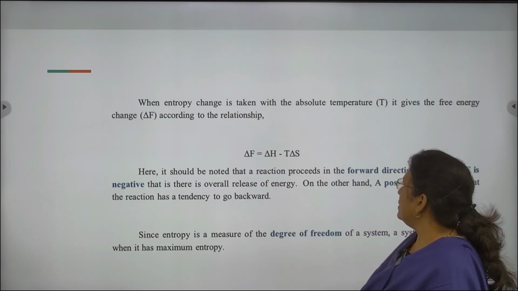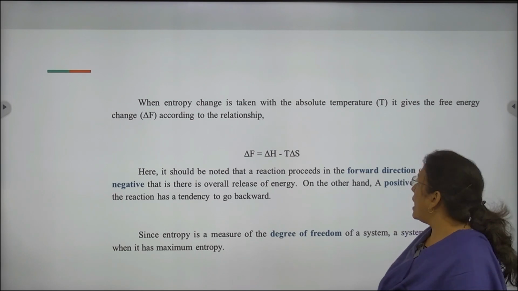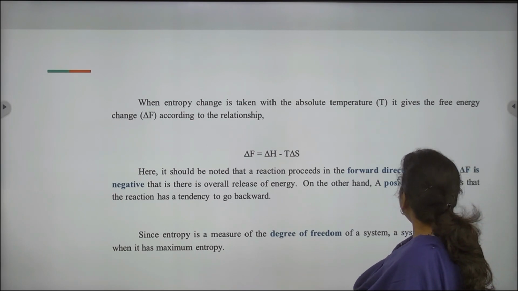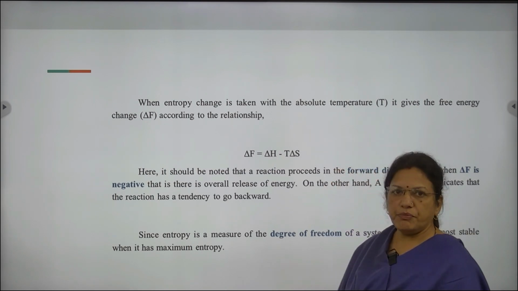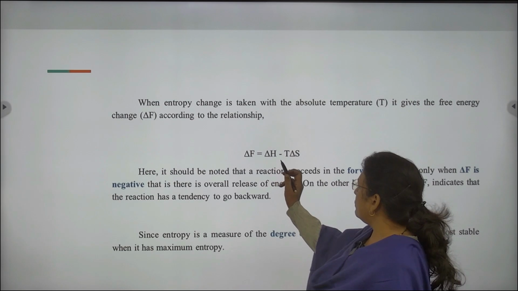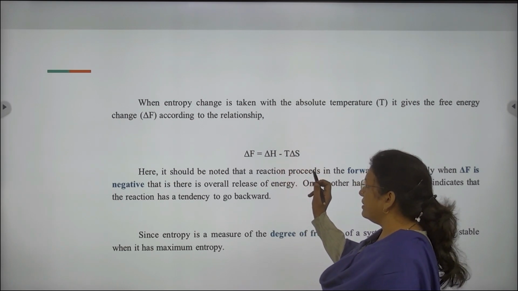When entropy change is taken with the absolute temperature, it gives the free energy change according to the relationship delta F is equal to delta H minus T delta S.